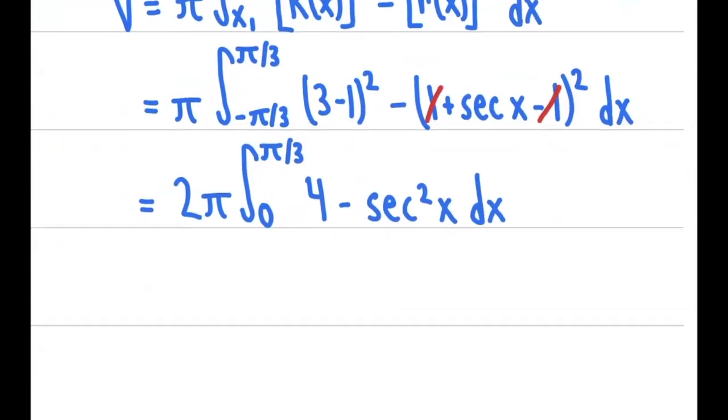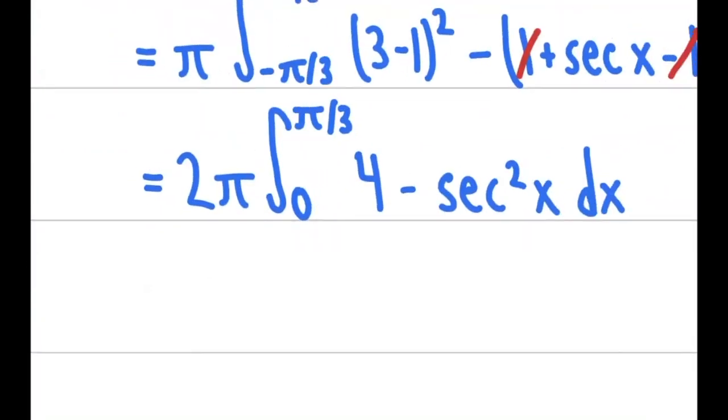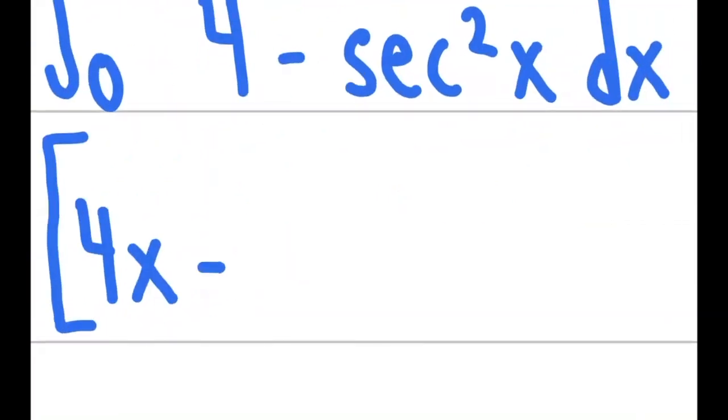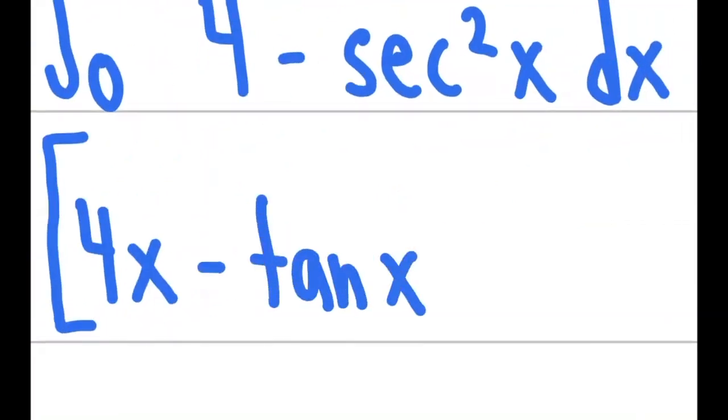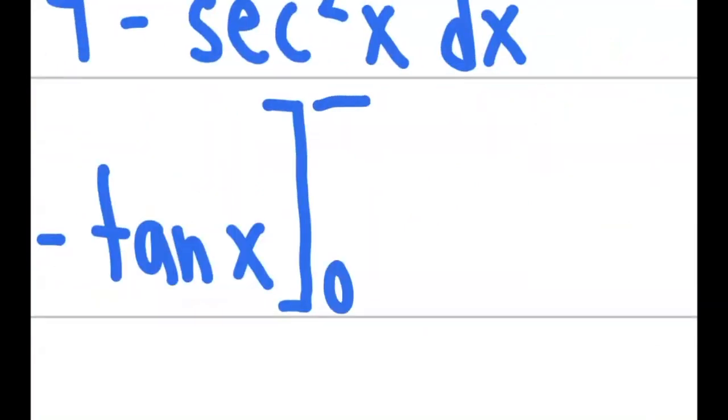So what's the integral for x? The derivative of tangent is secant squared, so the integral of secant squared is going to be tangent. So minus tangent x, and we're evaluating this from 0 to pi over 3.